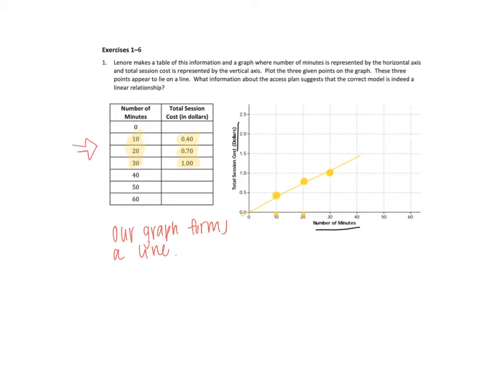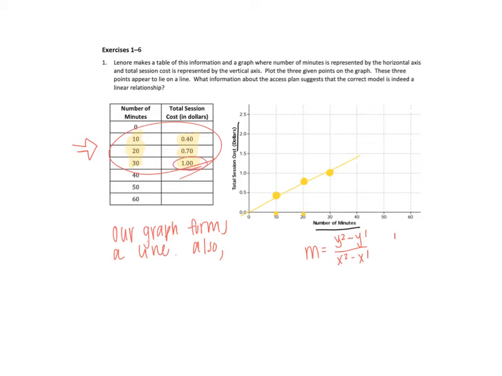So additionally, we can look at this and we can find the constant rate. So let's do that real quick. So remember our constant rate, or m, is y2 minus y1 over x2 minus x1. And I'm just going to choose any two x and y pairs here. So the first one I'm going to choose is this for my y2.